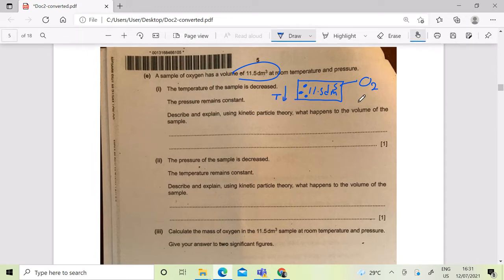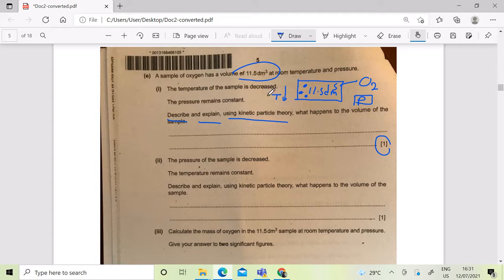Describe and explain, using kinetic particle theory, what happens to the volume of the sample. You have 1 mark for that.